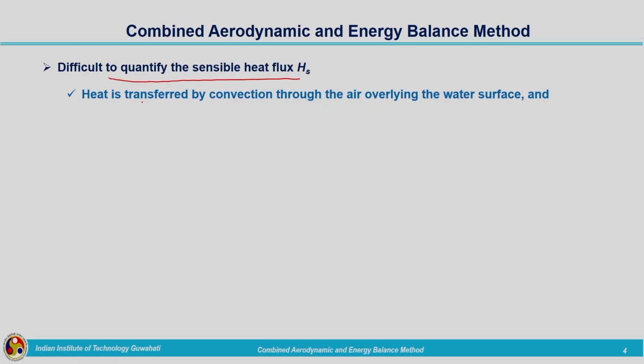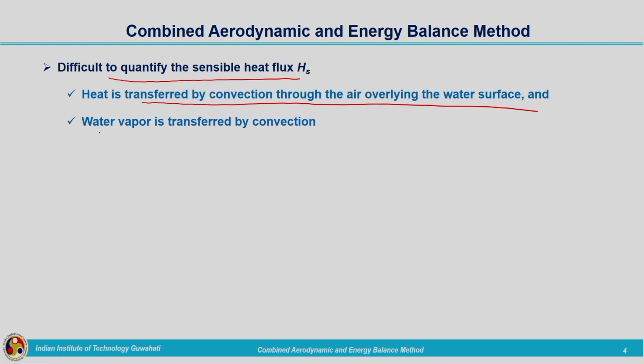Heat is transferred by convection through the air overlying the water surface. We have seen transport processes such as convection and diffusion. In the previous lecture, while deriving the expression for the aerodynamic method, we saw that the vapor flux and the momentum flux, or the vapor transport and the momentum transport, take place through the transport process termed convection.